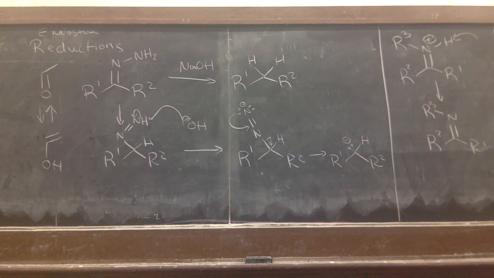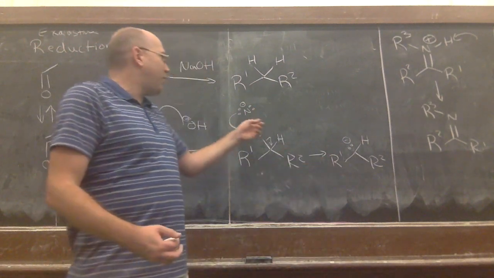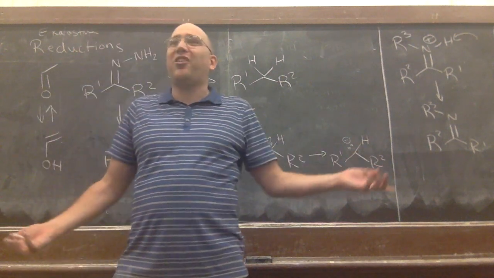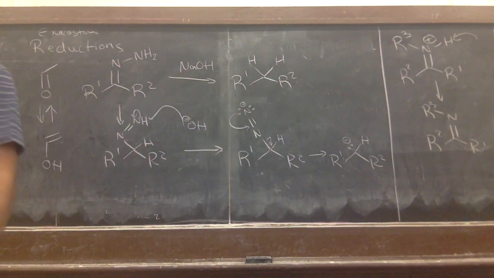If we thought about being in the gas phase, we probably would rather have a negative charge on a nitrogen than a carbon, right? Makes sense. We don't like having carbanions. We'd rather have that negative charge on the nitrogen.